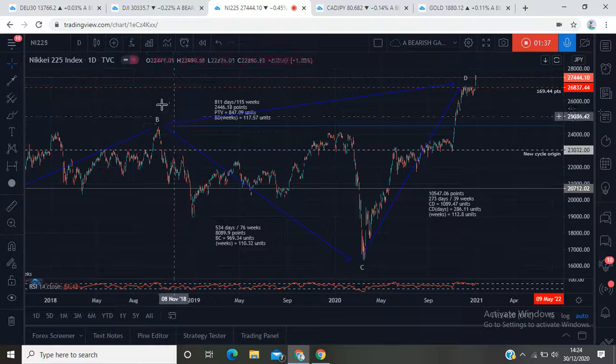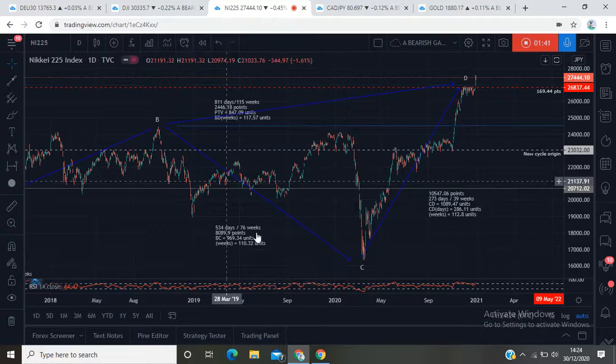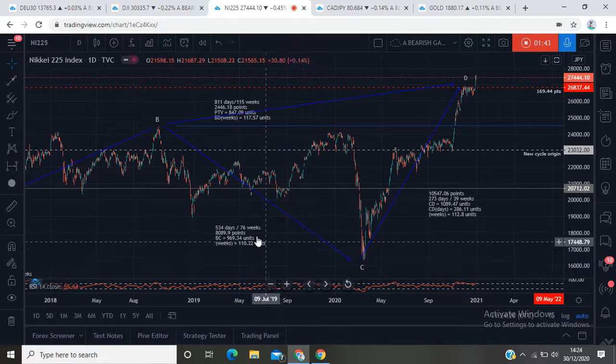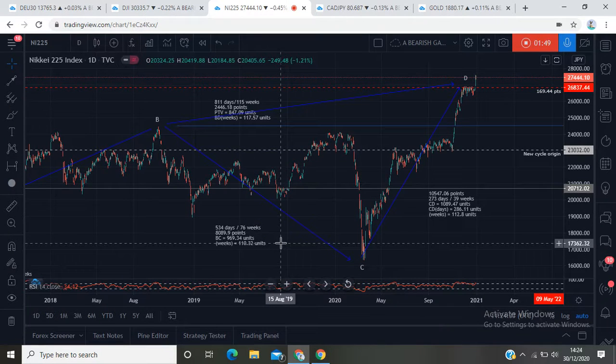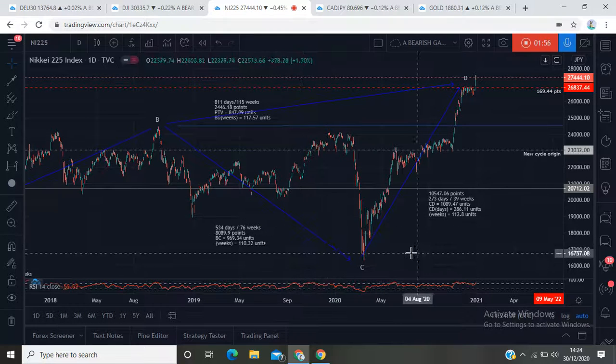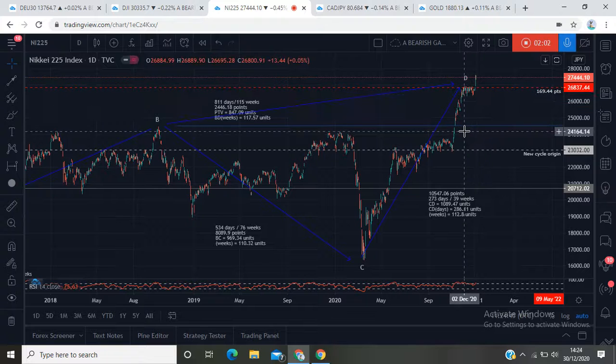That is, we combined price and time, and we found the third dimensional value of the swing from B to C. So we had 1110.32 units of price time from B to C. And then from C to D, and point D is at this high, which was 26837. That was the high of point D.